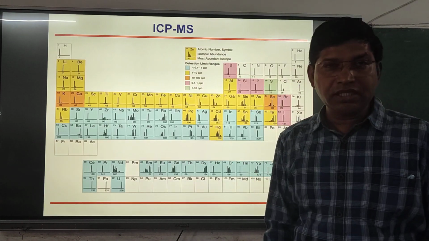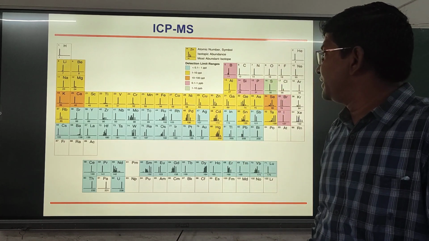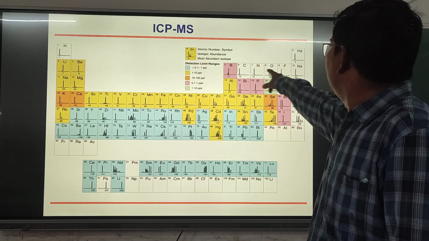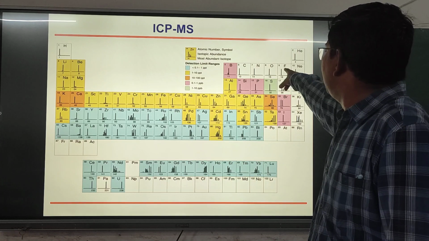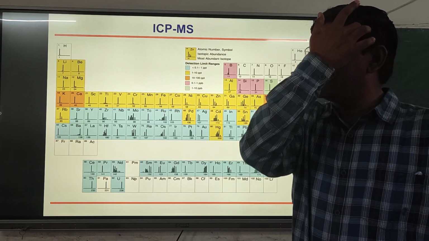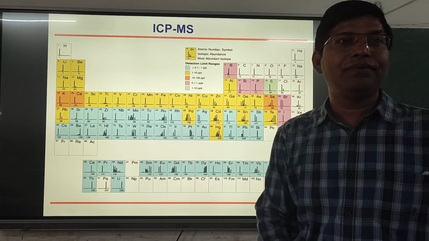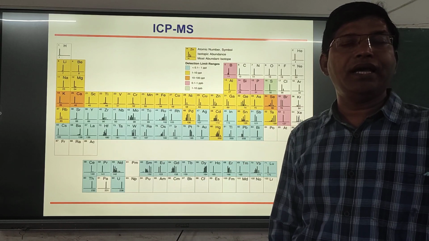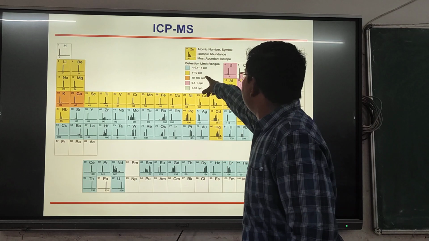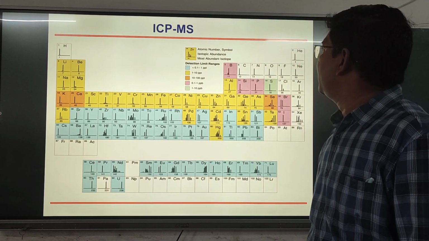So this is a periodic table where we can see the elements. We cannot determine hydrogen or these gaseous elements like carbon and nitrogen, so we cannot determine these in mass spectrometry. Almost all other elements from the periodic table can be analyzed using ICP-MS. And these are the sensitivity or detection limits.